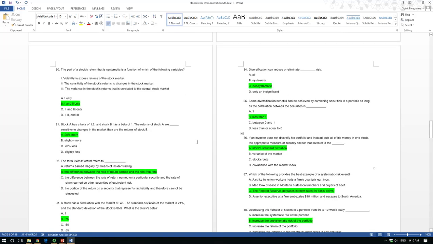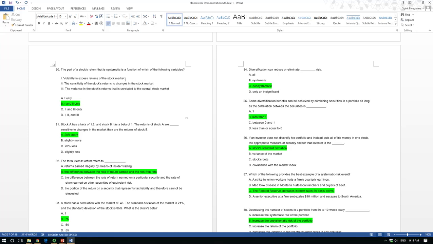Number 30. The part of stock return that is systematic is a function of which of the following variables? A is volatility in excess return of the stock market. Second one, sensitivity of stock return to change in the stock market. That is actually the beta.